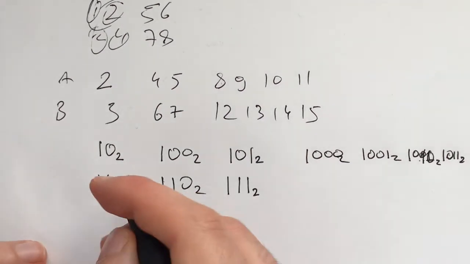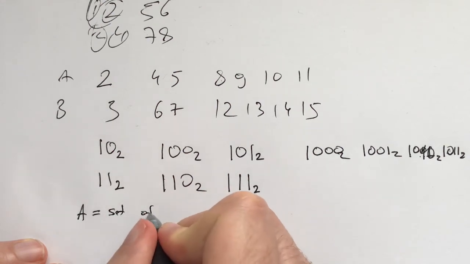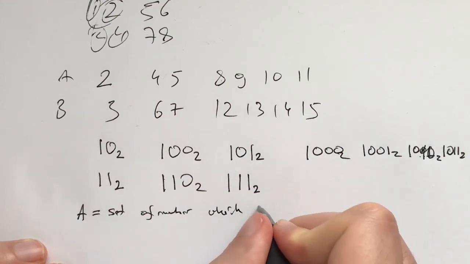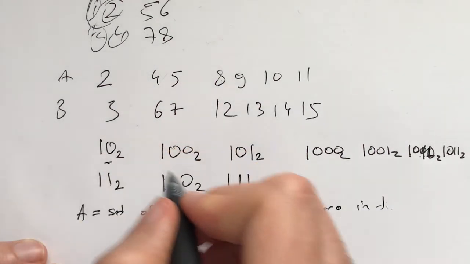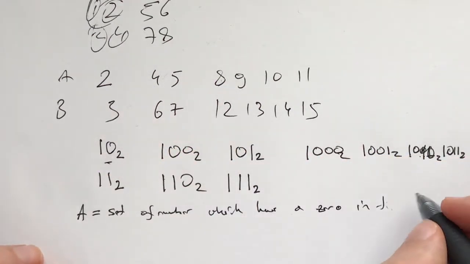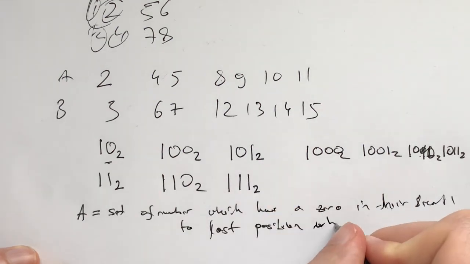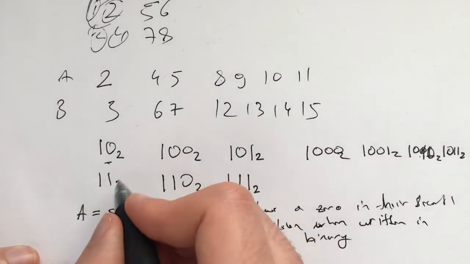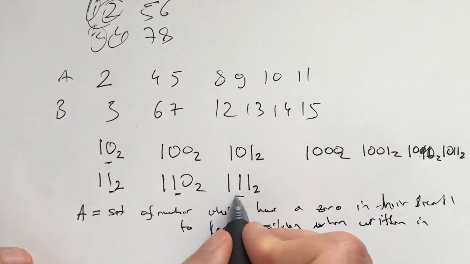As you can see, I'm making A the set of numbers which have a 0 in their second to last position when written in binary. I just thought that was cute, nice.